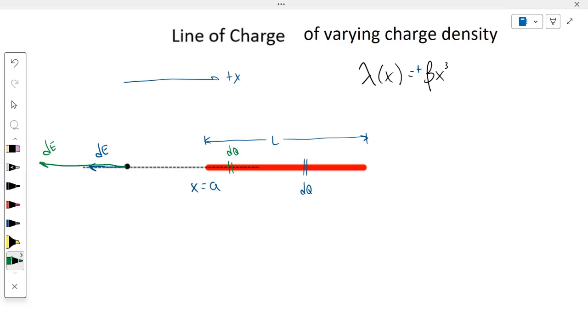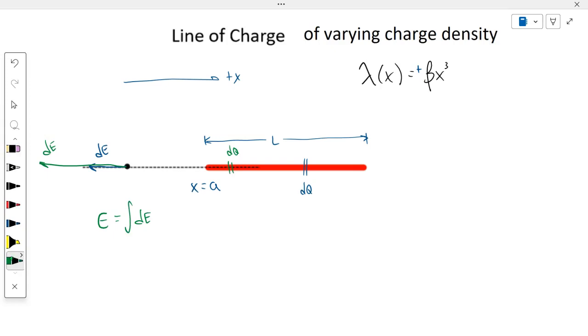So what we're going to do is say there is a field that is the summation, the superposition. That's a phrase that can be used to say what we're doing. We are superimposing all these fields, the superposition of all those infinitely small fields.